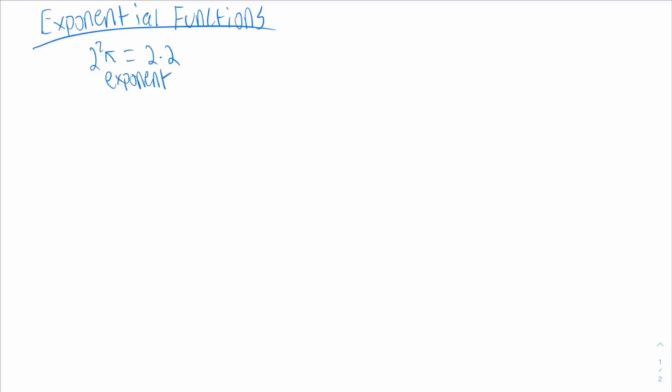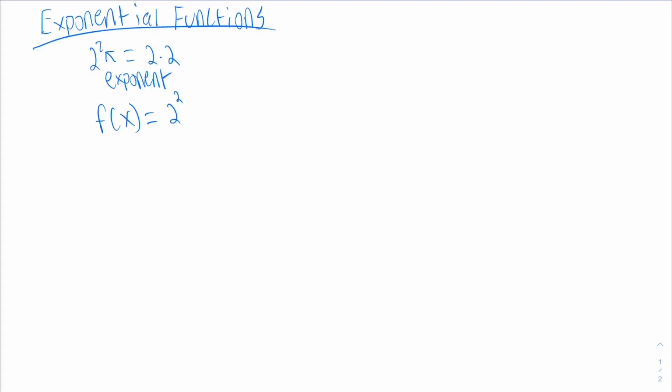How we turn this into a function is we have a function that depends on x, and it's going to be equal to something to an exponent. Let's pretend f of x was equal to 2 squared, 2 to the second power. There's nowhere to put this x.